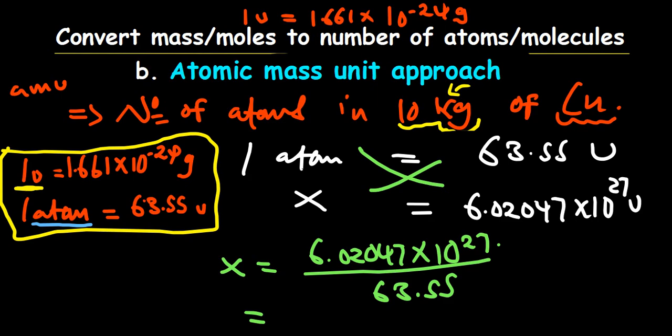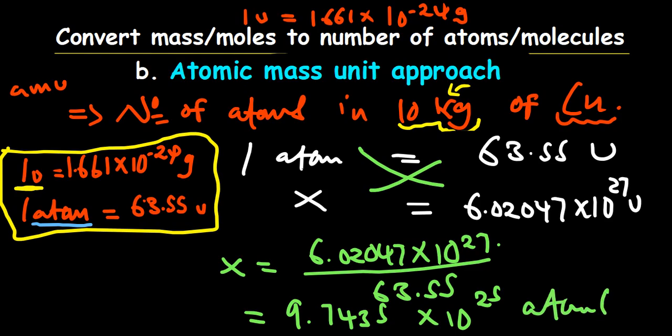I'm going to divide that number by 63.55, and I get approximately 9.0735 times 10 to the power 25. These are the number of atoms in copper.